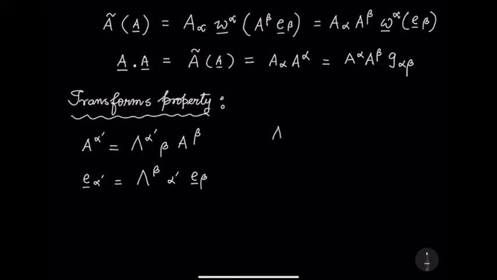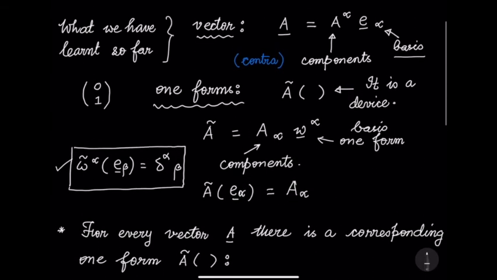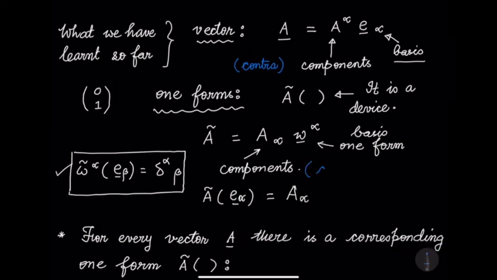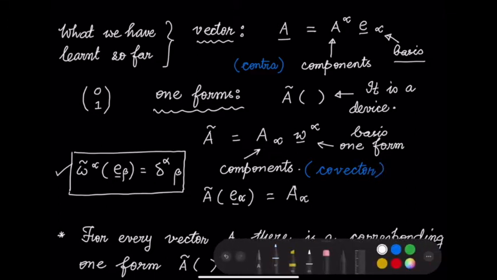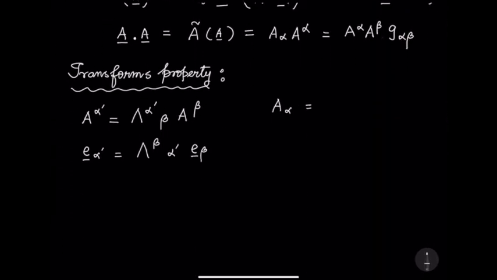If you look at the components of the one forms, or let me remind you, these components, just like contravariants, are also called covector or covariant components. Okay, so what was the transformation rule for the components of the one form?